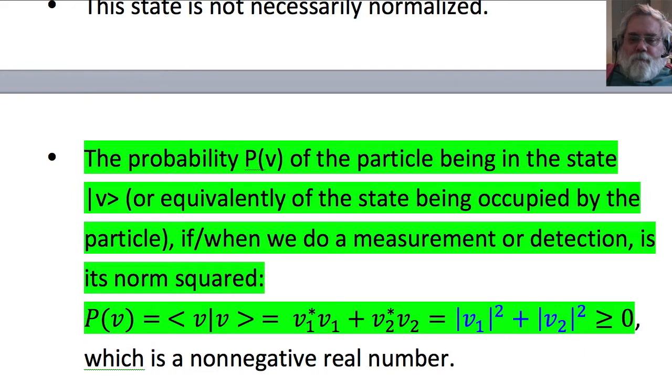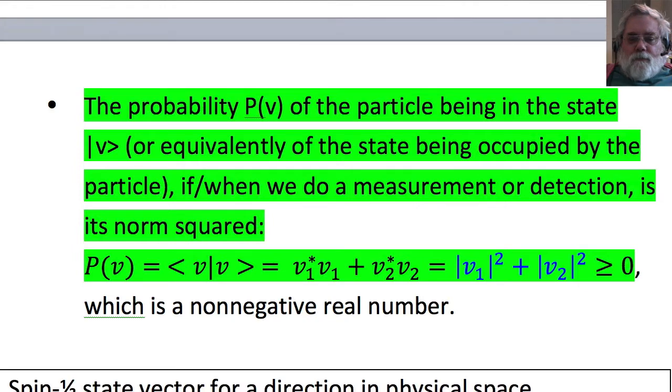So the probability for a particle being in state ket v is the inner product of v with itself, which is v sub 1 conjugate v sub 1 plus v sub 2 conjugate v sub 2. That equals the square of the magnitude of v sub 1 plus the square of the magnitude of v sub 2, remembering they're complex numbers in general. But their magnitude is a real number, and the square of it is a real non-negative number, so the probability is always a non-negative real number.